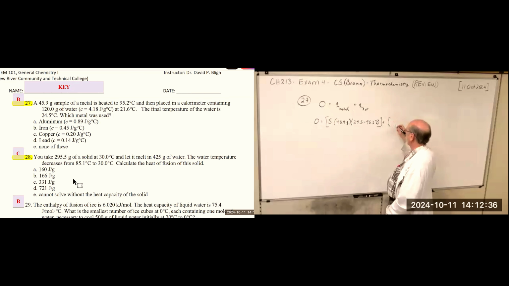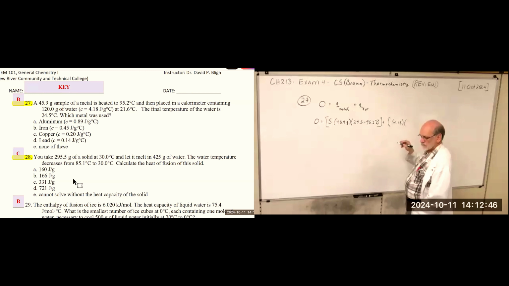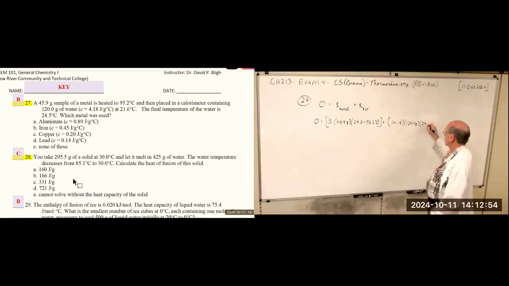And then we have the term for water, 4.18, and the mass of the water, which was 120. And then the change in temperature. The final temperature is the same. The initial temperature is different, 21.6. Okay, so now we've set that problem up.